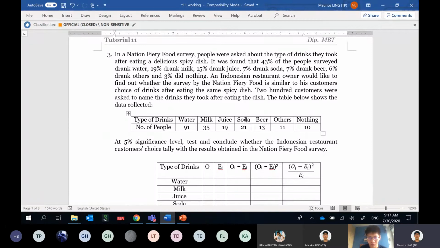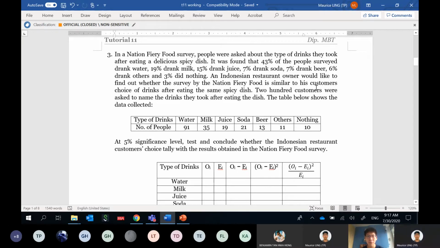Next one we have a food survey. People were asked about the type of drinks that they drink after a spicy food. It was found that 47 of the people surveyed drank water, and so on and so forth.